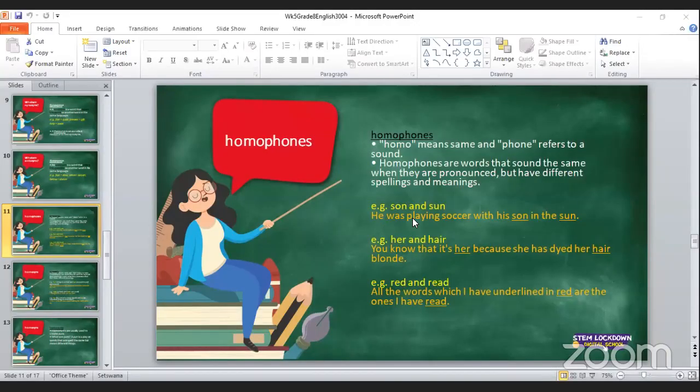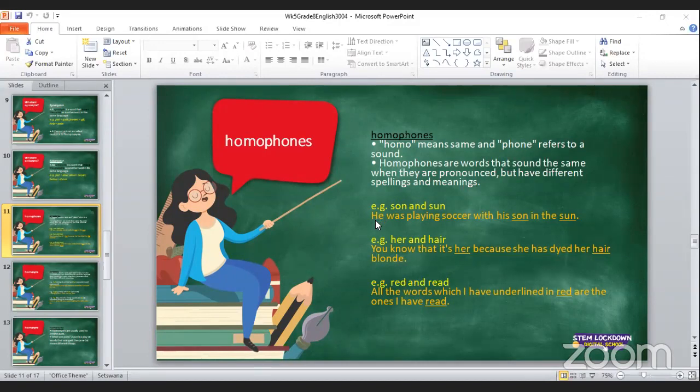So it's the words son and sun. They have the same sound. They sound the same when we pronounce them, but when we write them, they have different spellings and even their meanings are different, right? So I give an example in a sentence so we can really see that these are homophones.